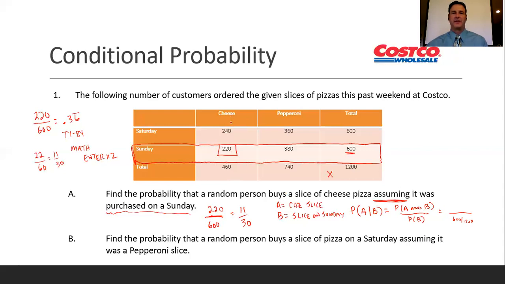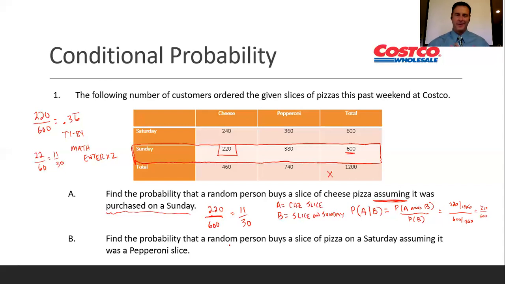Well, your cheese slices are here, your Sunday slices are here, there are 200, sorry, not 200, 220. And so you can see that the 1200s would each cancel out, and you're left with 220 over 600, and that's the same thing I have over here.